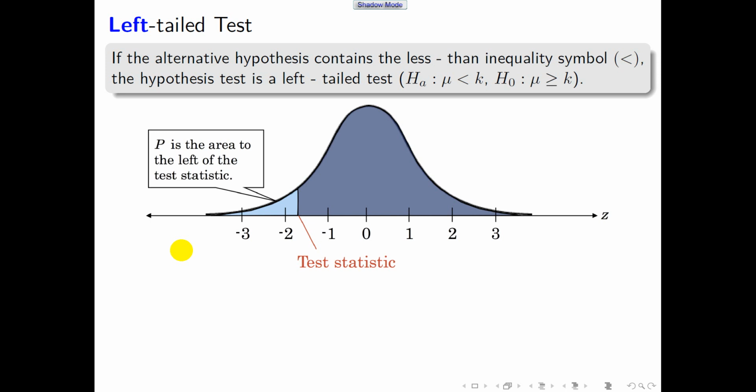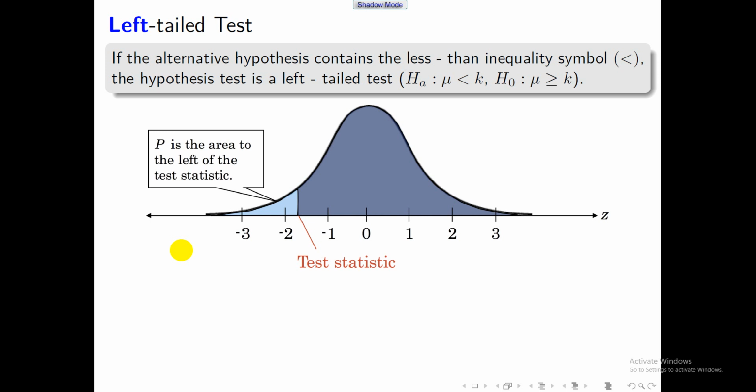So what do I need to do with this p-value, do you remember? The p-value tells me how plausible the null hypothesis is, right? If this area is bigger and bigger, it means that your null hypothesis is more plausible, right? So I'm taking this area as the p-value, okay?